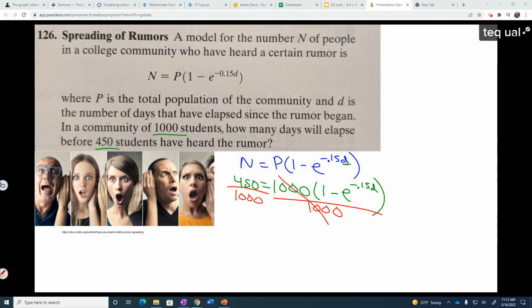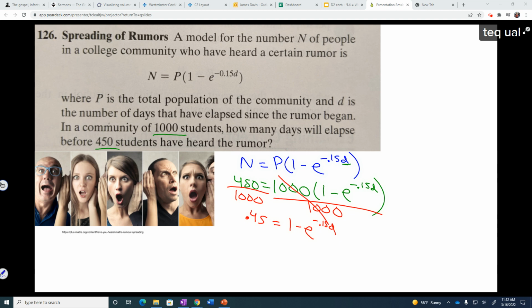Go ahead and do that with calculators. 450 divided by 1,000. You get 0.45 equals 1 minus e to the negative 0.15 d.